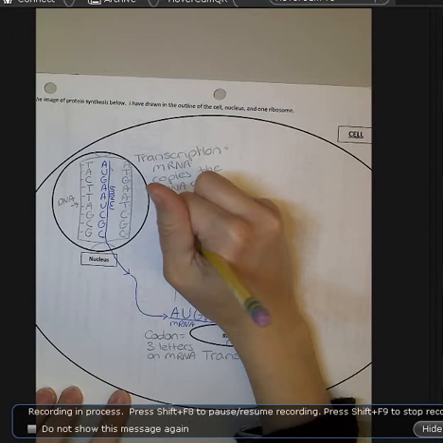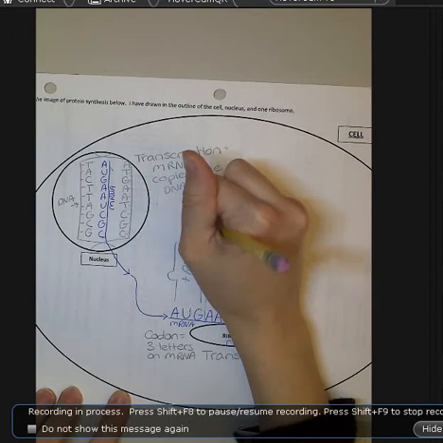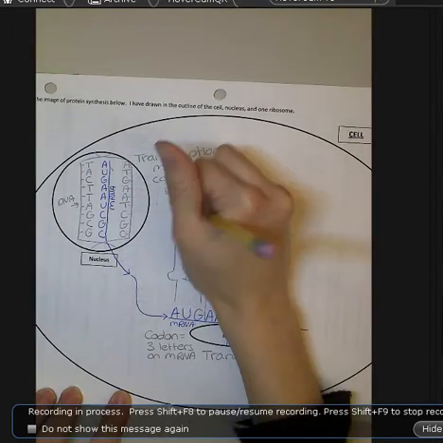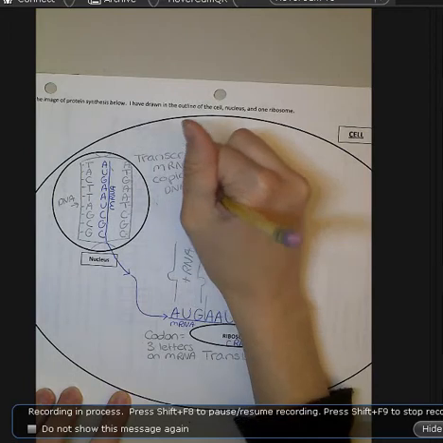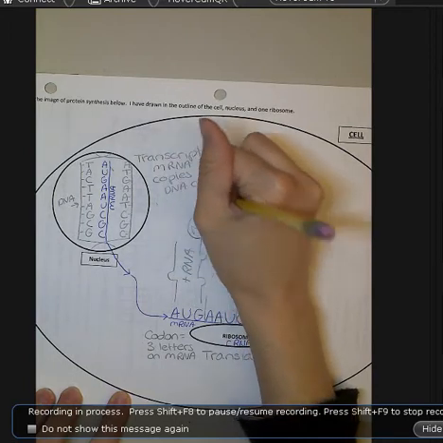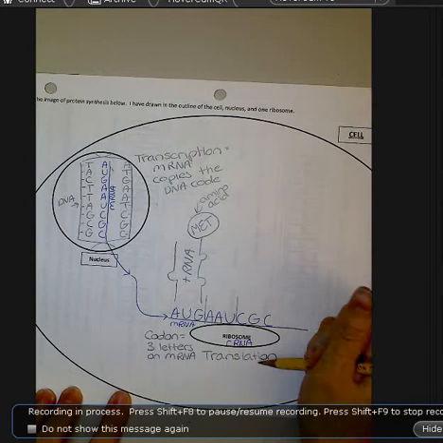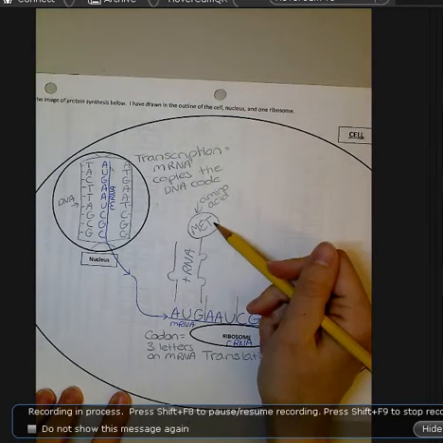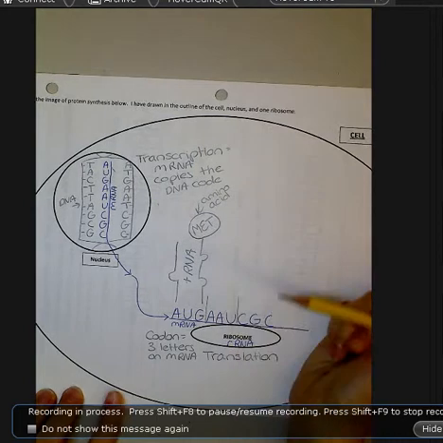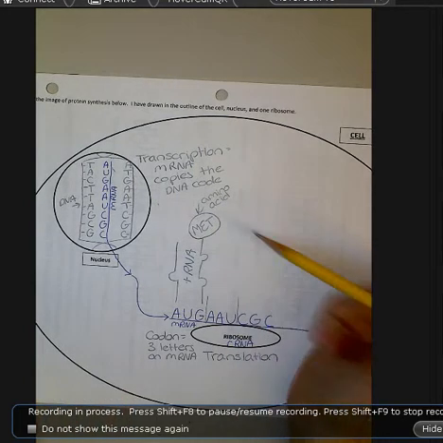I'm going to label it MET. I also want to label that this is an amino acid. And this is exactly what translation is. It's where you're translating the messenger RNA code to figure out what amino acids need to come in. So MET comes in first because it's the first codon.